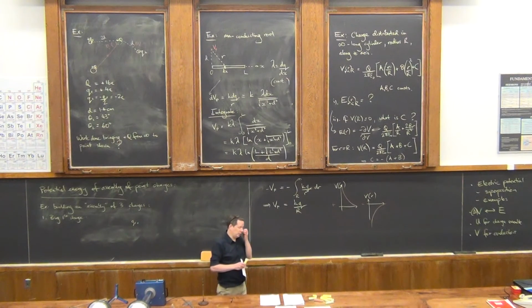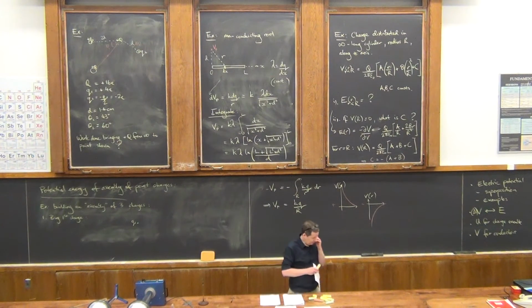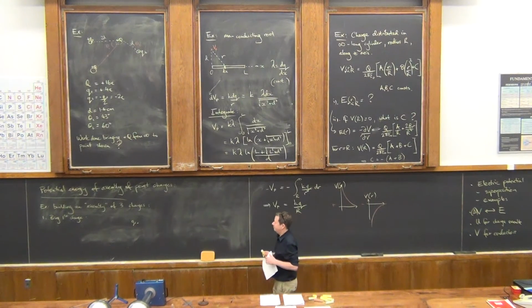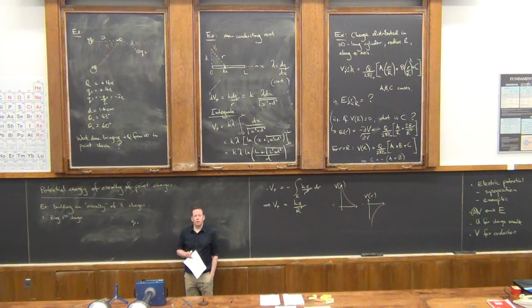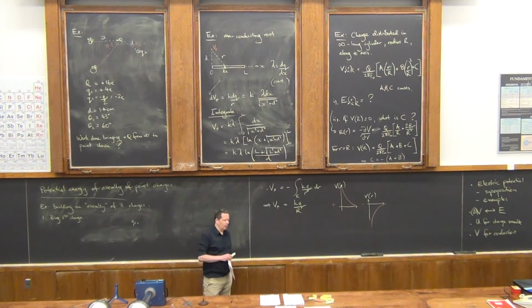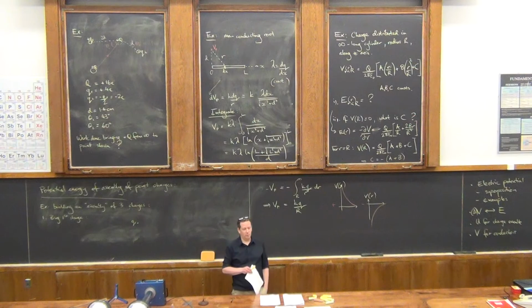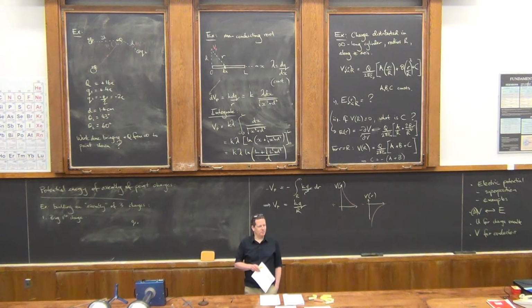We're assuming these charges have no mass. So in terms of mechanical work, we're really not needing to worry about that. So how much work would I need to do to bring a point charge from infinitely far away and put it somewhere else in empty space?